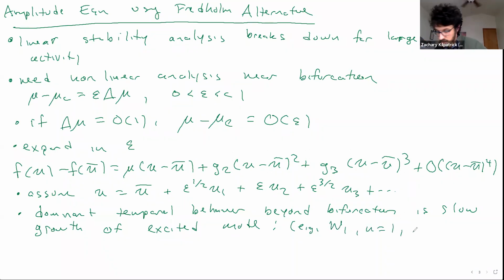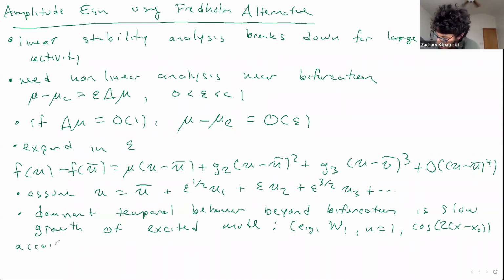So n equals 1, or cosine of 2x, and also sine of 2x. If we want to express those eigenmodes together, it's going to be cosine of 2x with some phase shift, because we can take the cosine 2x and the sine 2x and scale them in any way we want and get this phase shift. So we're going to allow for some phase shift because of the translation symmetry of the system, okay?